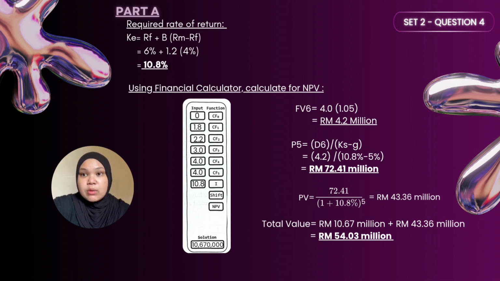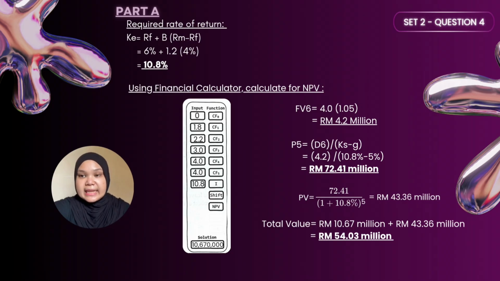Next, we discount the cash flow from year 1 to year 5 at 10.8% to obtain their present values. The total present value of these 5 years cash flow is RM 10.67 million. After year 5, the cash flow grows at a constant rate of 5%.